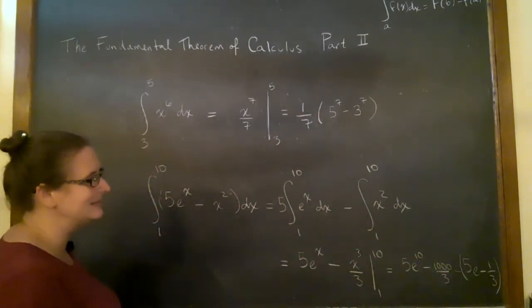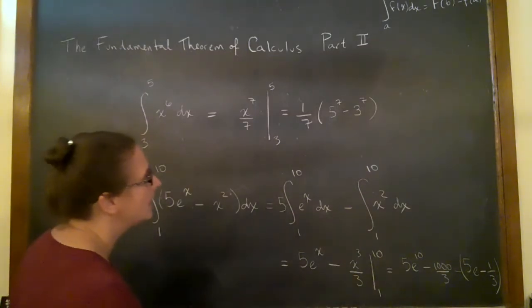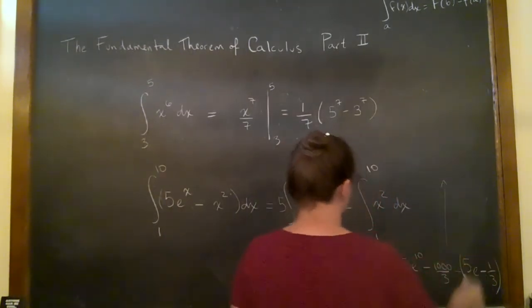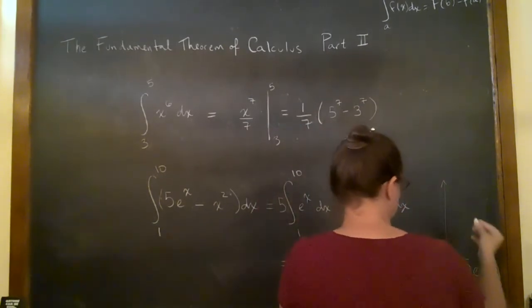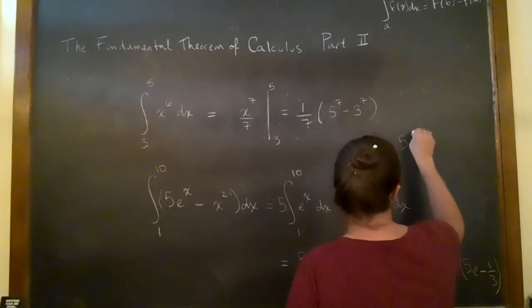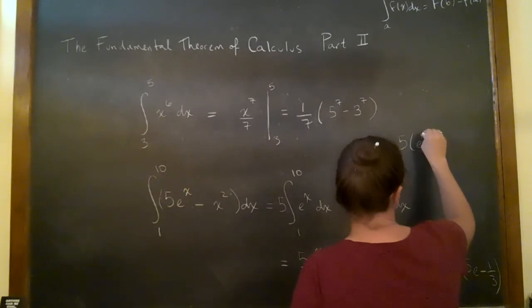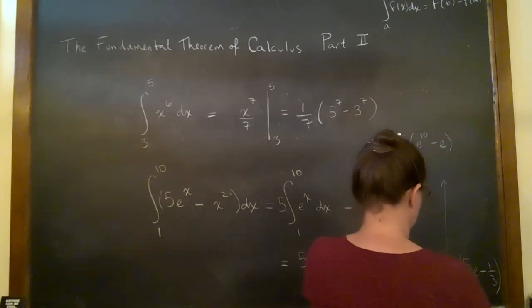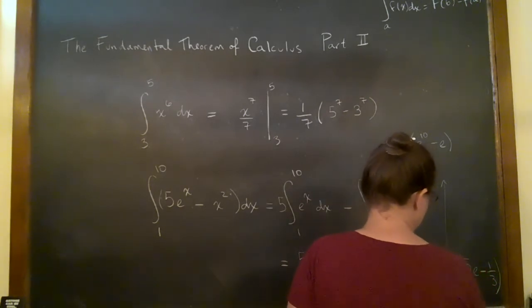So now we can clean that up a little bit. Sorry about that. I have to be a little bit better about these little boards, right? So 5 times e to the 10th minus e, minus 999 over 3, so whatever.